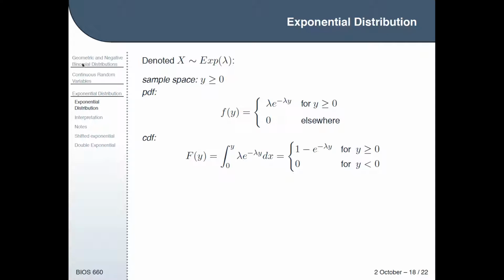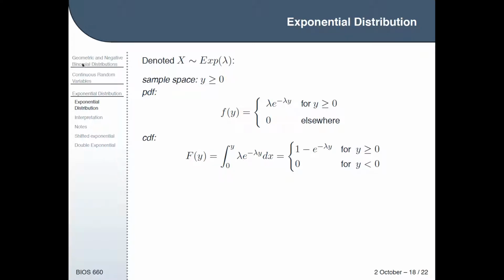The exponential distribution, as an aside, is one of the very few continuous distributions you ever work with that actually has a nice closed form for the CDF. Most continuous distributions, to calculate the CDF, you either have to use a computer or do some sort of numerical integration, because there's no way to do the integral.